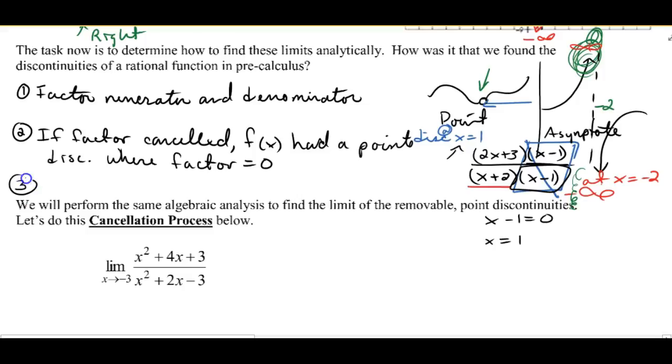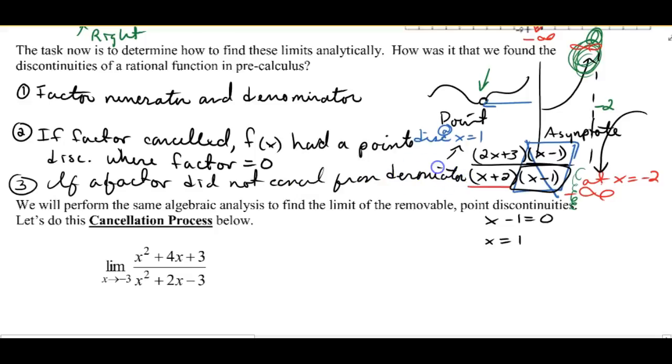Then step number 3: if I have a factor that did not cancel from the denominator, and that's probably misspelled a little, then I have a non-removable and infinite discontinuity.